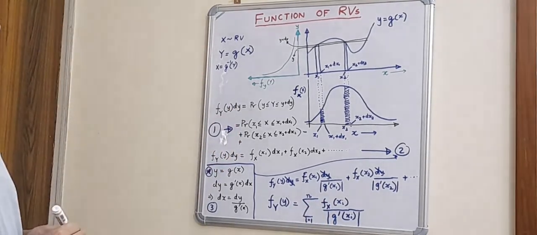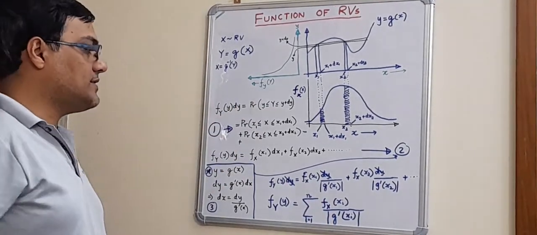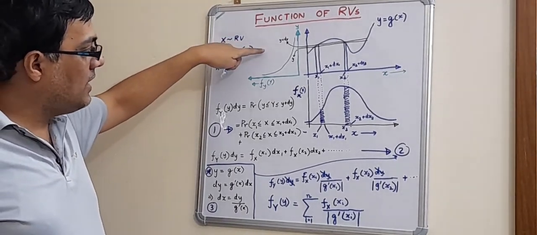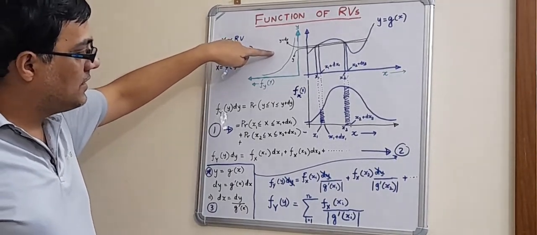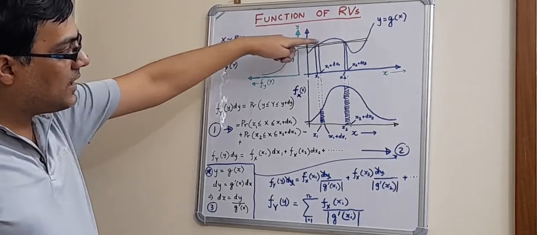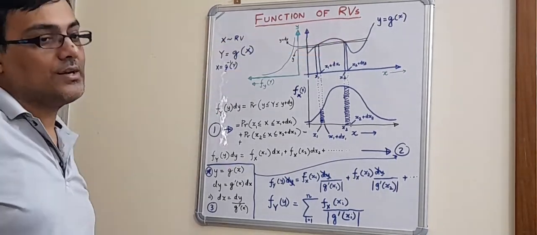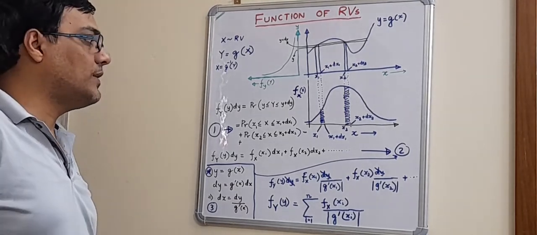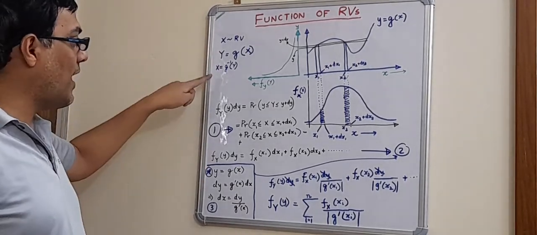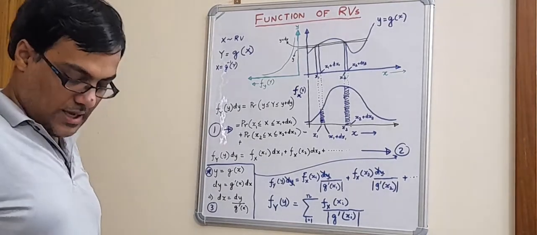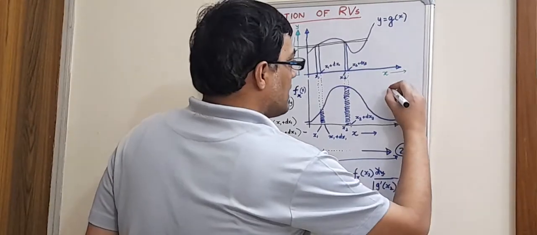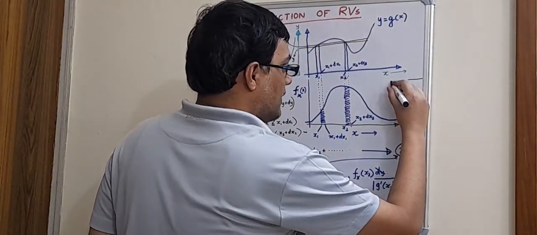Now, a couple of things to understand from here. The first thing is why we have drawn a slice from y and it cuts x at multiple points. It simply means that we can have the situation of multiple roots. For example, think of y is equal to x square.